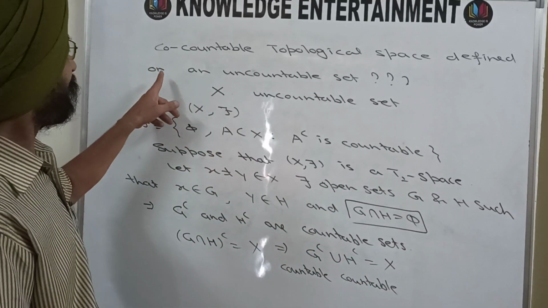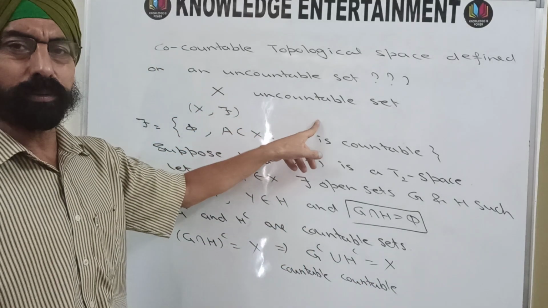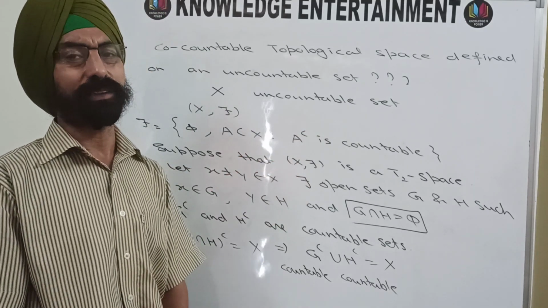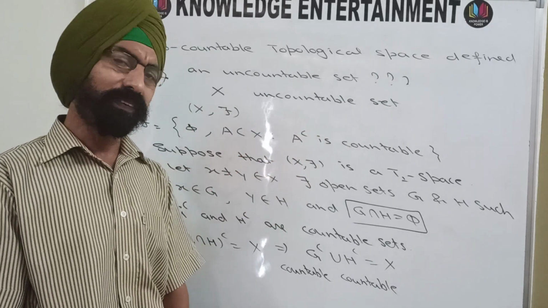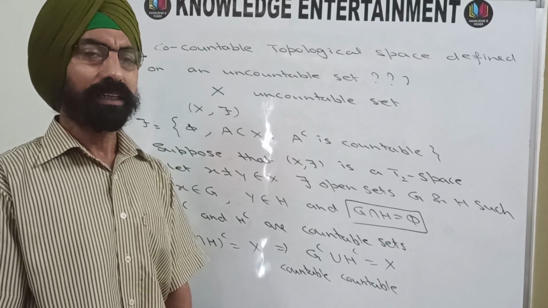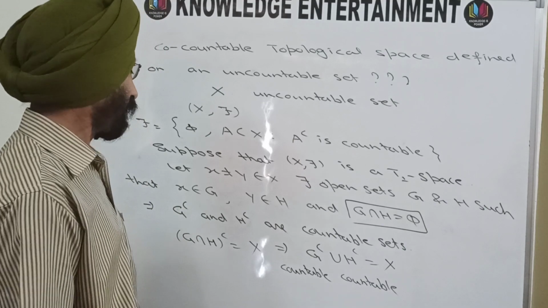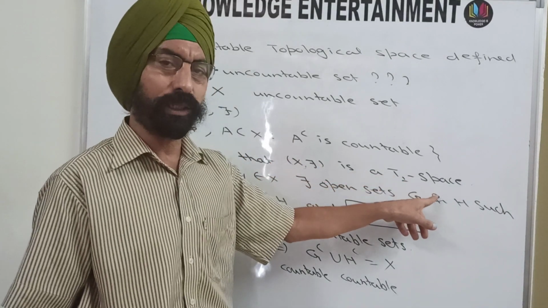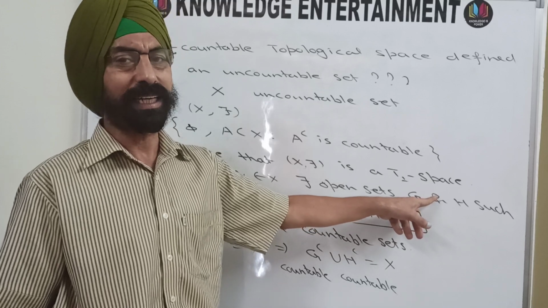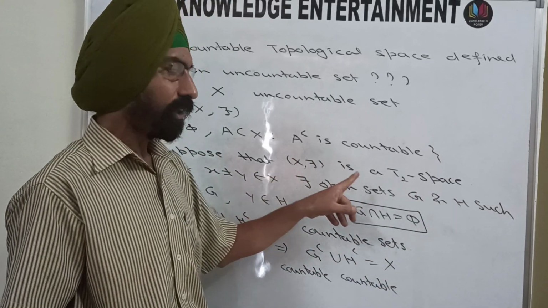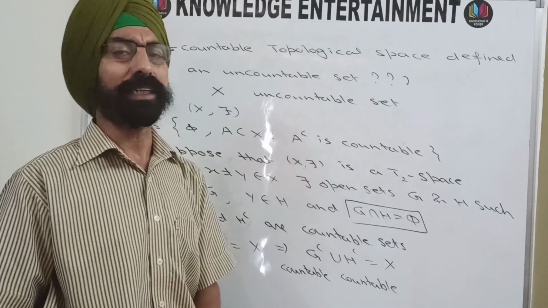So it means X is a countable set, and this is a contradiction. Why? Because X is given to be uncountable set. So that means we have arrived at a contradiction. And if we arrive at a contradiction, that means our supposition was wrong. And what we have supposed? We have supposed that the space X tau is a T2 space, which is not correct, as we have arrived at some contradiction. So this topological space is not a T2 space.